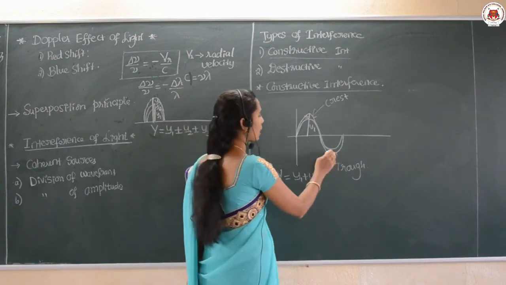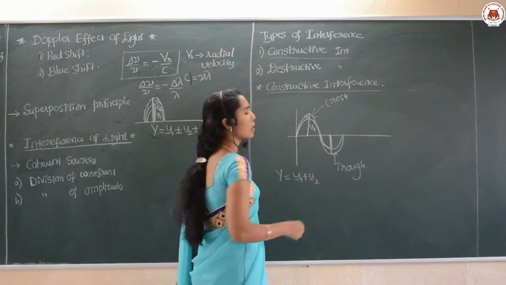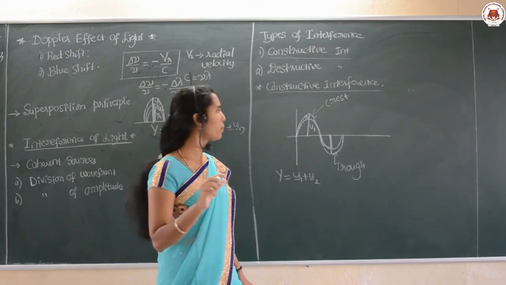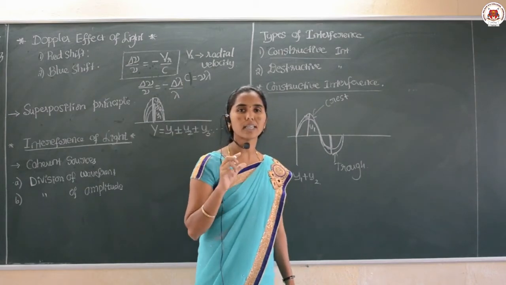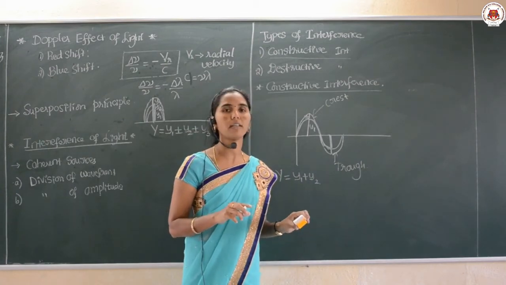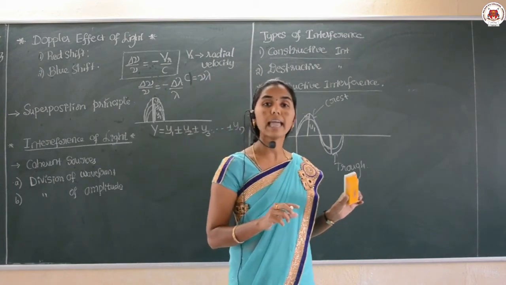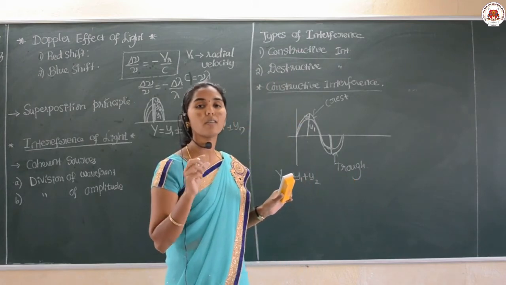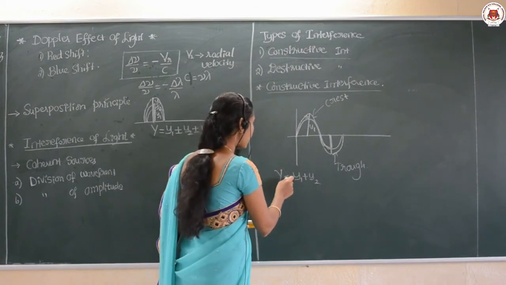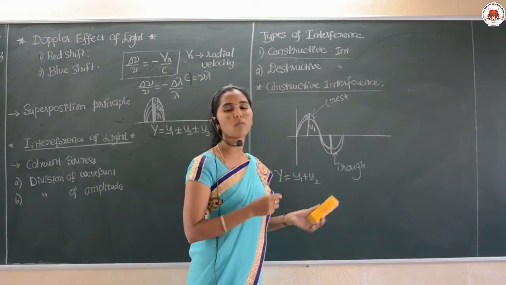Or if you take it here also, you can get the same result, so here the intensity of the light increases. Remember dear students, during constructive interference, when the crest of one wave falls on the crest of another, or the trough of one wave falls on the trough of another, the intensity of the light wave increases, and by the superposition principle, the resultant displacement can be given as y is equal to y1 plus y2.